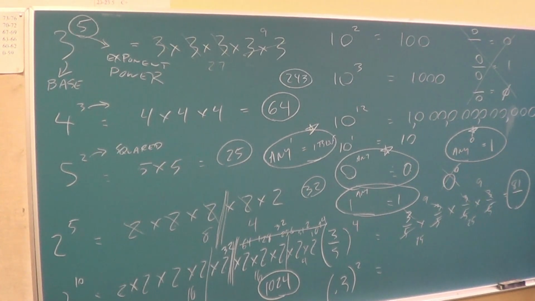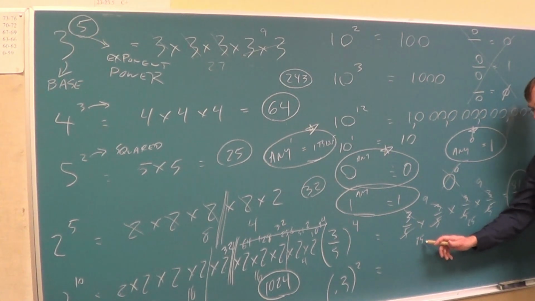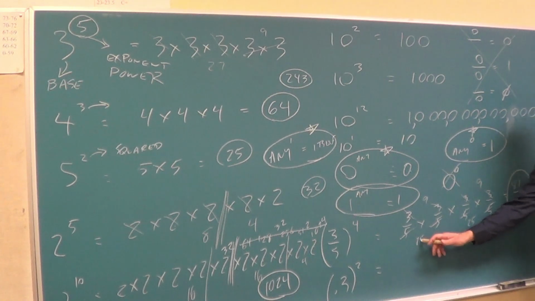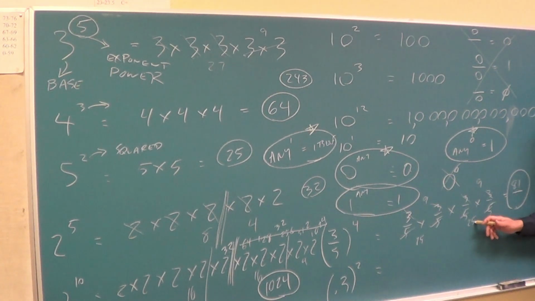I'll give you a trick that I use to do 25s. I think about quarters. Quarters are 25 cents. So if I have 25 quarters, how much money do I have?